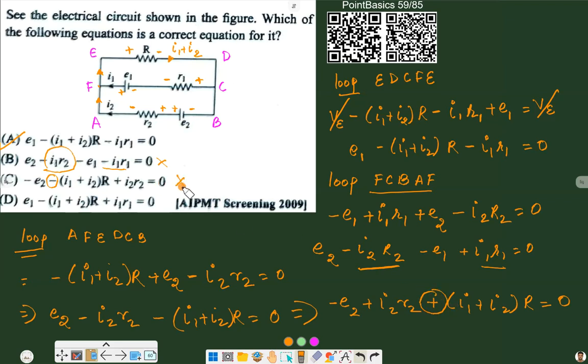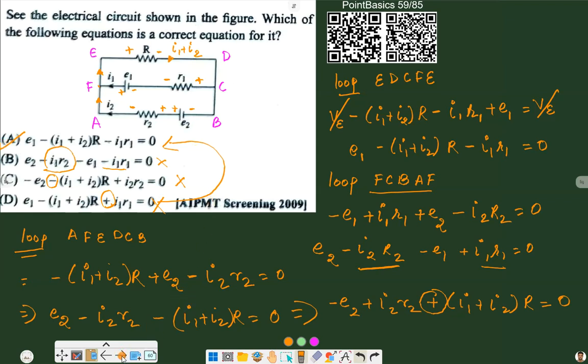So this is also wrong. And option D is just matching option A with one change of positive sign here, which we already proved. So from this, option A is the right answer, which we already solved.